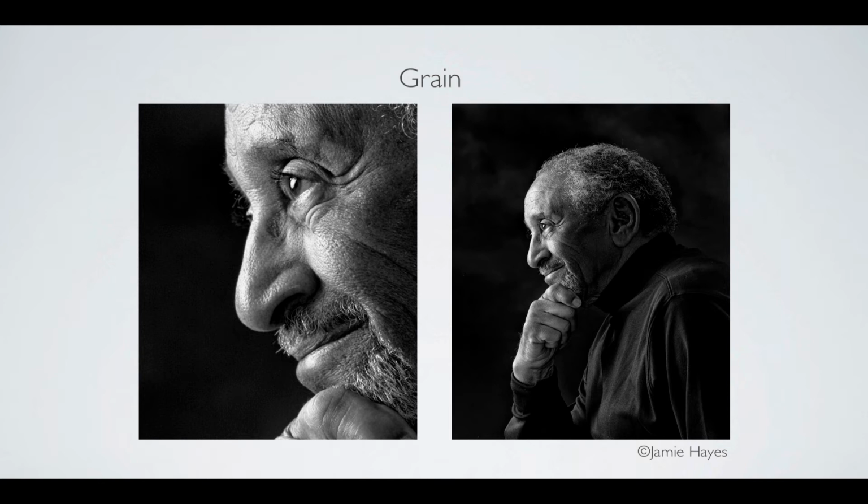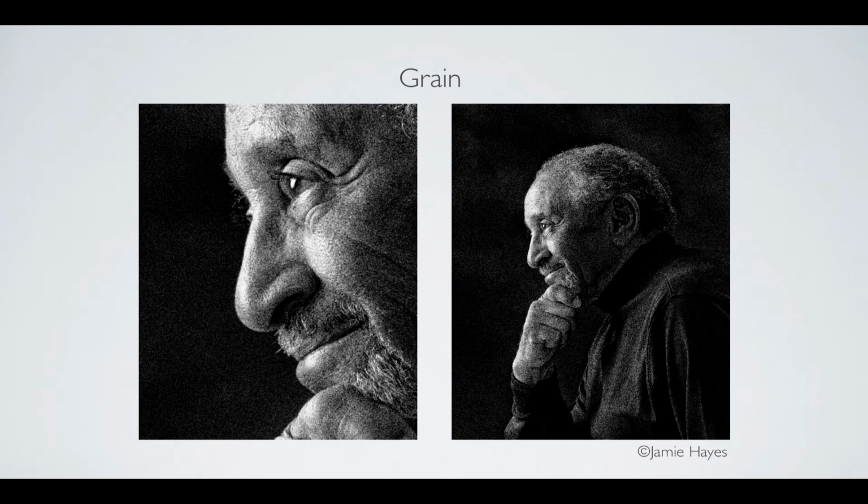Now, here's grain, right? And pertaining to grain, in terms of film, that is the light-sensitive silver halide, right? That actually coats the film, which makes up the photographic image on the negative. When we think of grain digitally, and here I've got a couple different versions of this image with lots of grain compared to not so much grain, and these are, of course, digital emulations, but when we think of digital grain, we think of noise.